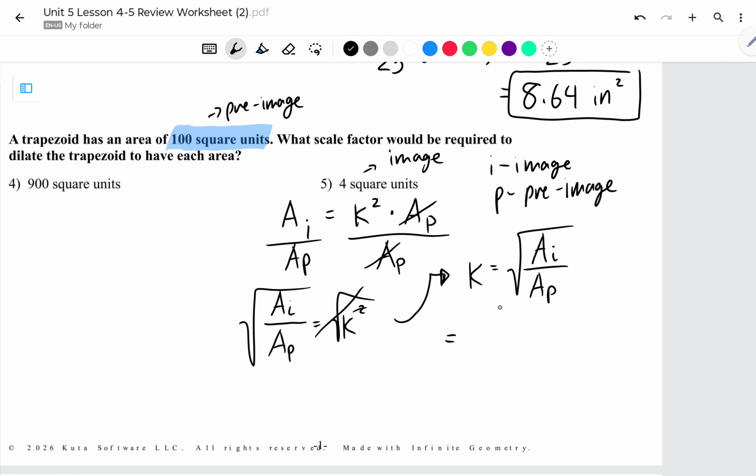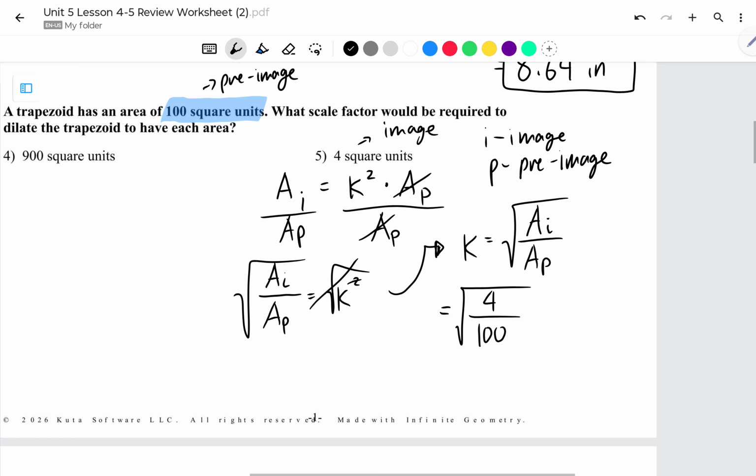The area of the image was 4 square units, and the area of the pre-image was 100. Then, the square root of 4 divided by 100.